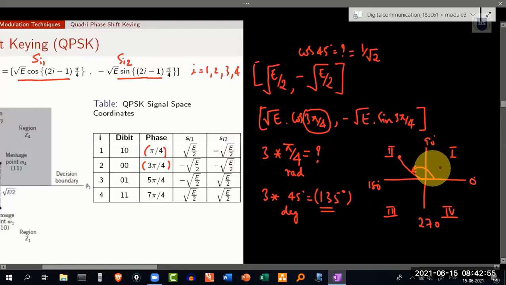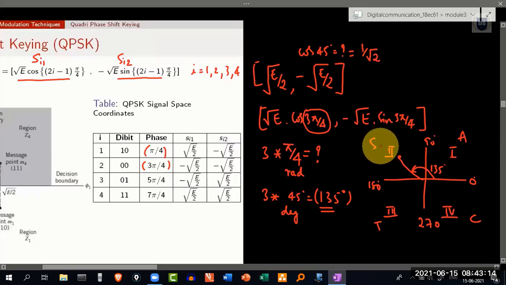So this is 135. Now we all know ASTC, all students take coffee. Over here in the second quadrant, only the sine function is valid.